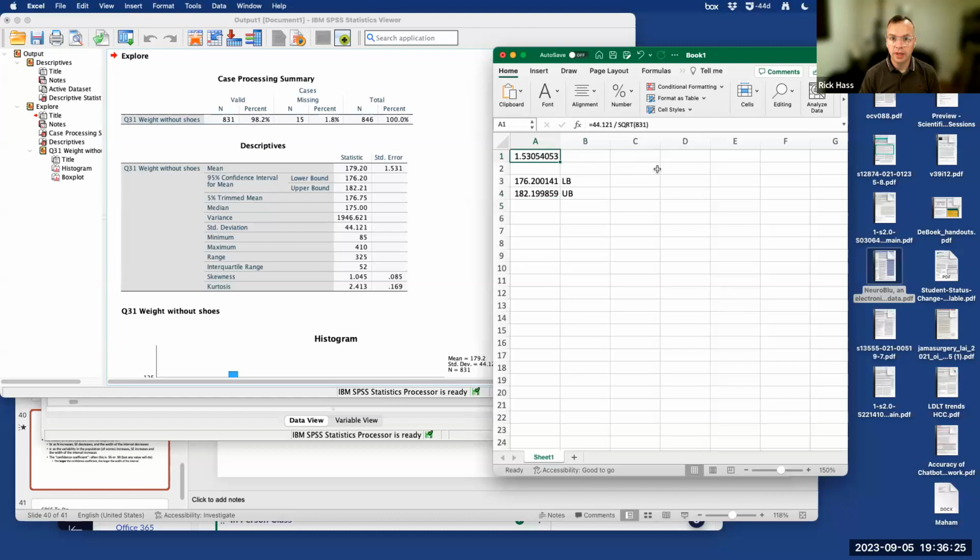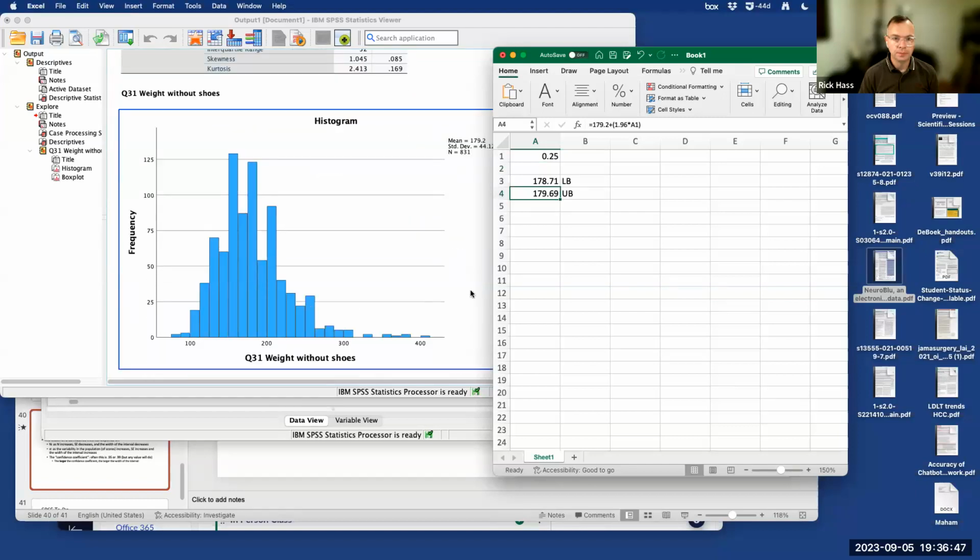If standard error was smaller, right? The confidence interval is going to start to converge on my statistic, until I get a very precise estimate. And then you get all kinds of other stuff. You get the interquartile range, minimum and maximum, and then the histogram.